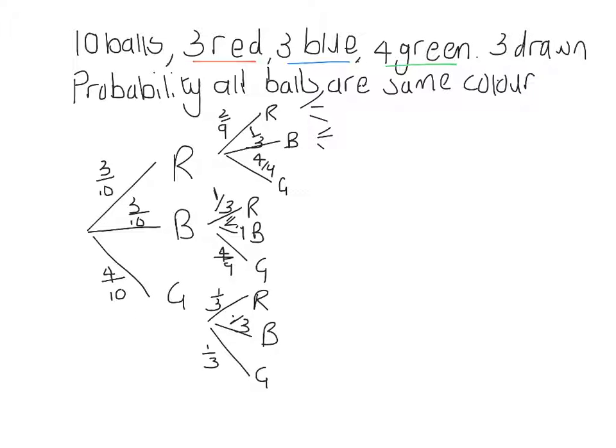Your red will now be 1/8. So let's look at what it will look like. You will have all red: 3/10 multiplied with the first branch, then the second branch, 2/9, and then the last one will be 1/8. If you're on your blue branch, 3/10, 2/9, and then the next one is again going to be 1/8.